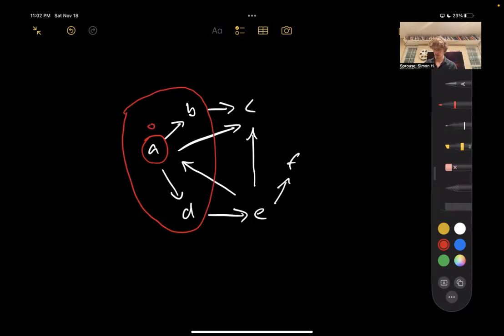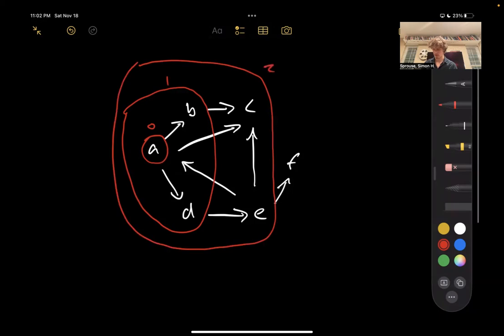This would be 0 paths. This is 1 path. The next ring would be within 2 paths. You can see that would be like this. And then it's kind of out of bounds.